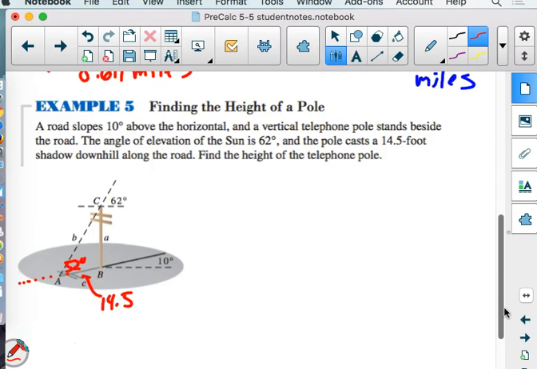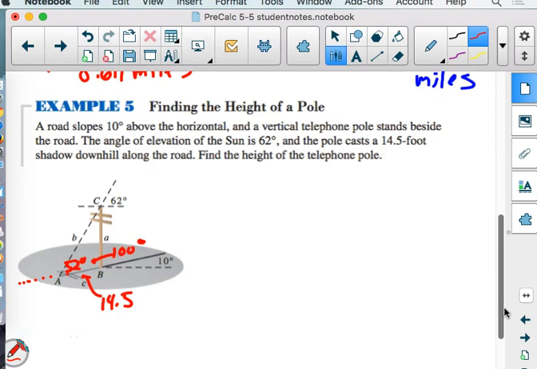And where the pole was meeting the ground, does everybody agree it's supposed to be 90 degrees? Isn't that what's supposed to happen when you put a pole in vertically? But it's not going to be because it's sloping down from the pole. So what's it going to be now? It's going to be 100. And I can't fit all this in here, so I'm going to put 100 degrees right there. Because it's going to do 90 degrees and slope another 10. So see how this one gets 10 taken away because of the slope? While this one gets 10 added to it because the slope is going down from the pole.